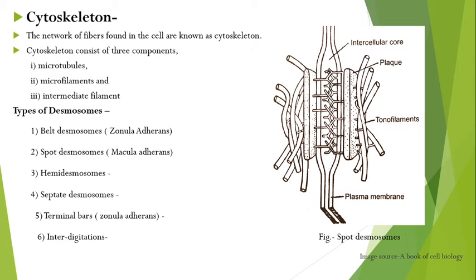See the plaque here in the diagram. Thin filaments called the transmembrane linkers or desmocollins, arising from the plaque, fill the intercellular gap between the membranes, and they provide mechanical coupling.